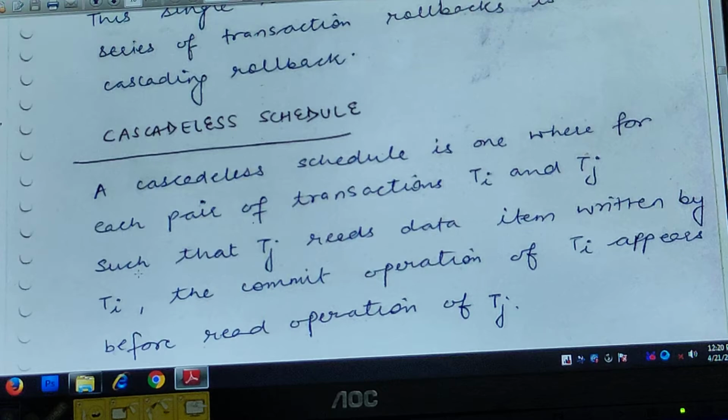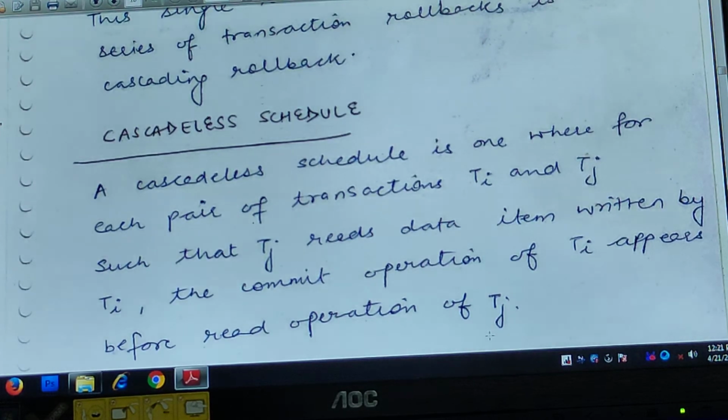Now, when is a schedule cascadeless? When there is no cascading rollback, that is known as a cascadeless schedule. A cascadeless schedule is one where, for each pair of transactions Ti and Tj, if Tj reads a data item written by Ti, the commit operation of Ti appears before the read operation of Tj. Why do we say this?